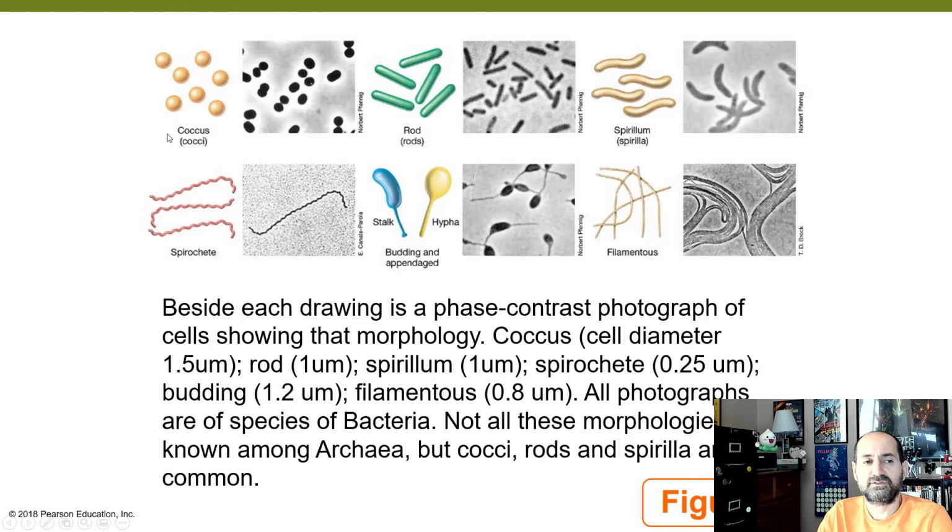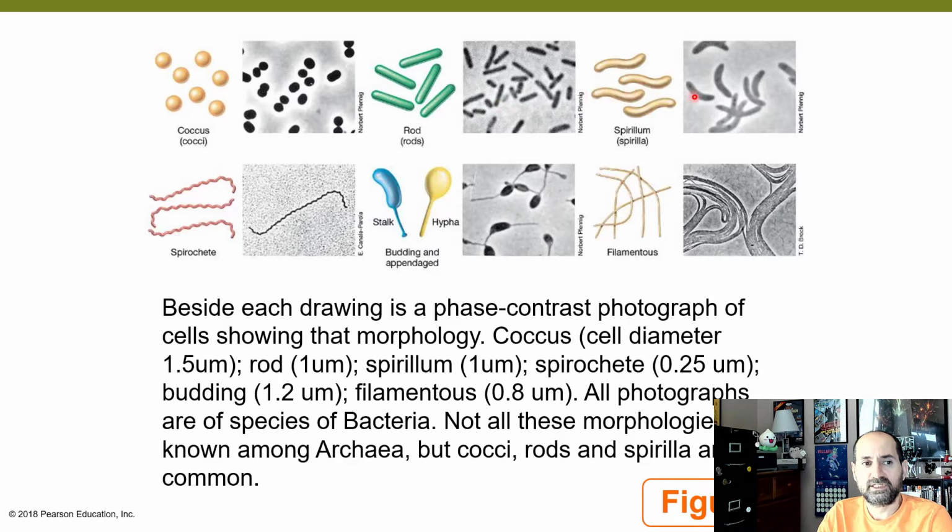You can see here some of those shapes, the coccus-shaped bacterium. Here's a cartoon on the left, and then a phase contrast photograph on the right. You can see what we're talking about, coccus shape, and the plural for coccus is cocci. You could see the rod shape or bacillus-shaped bacterium here.